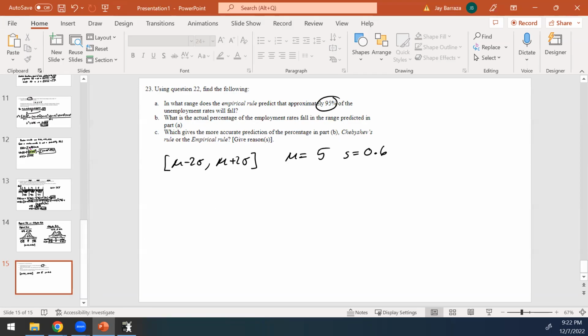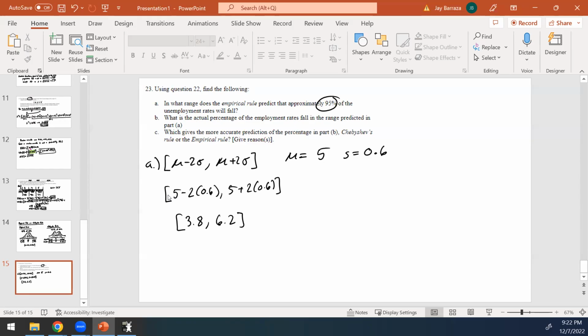So the range is going to be 5 minus 2 times 0.6, comma, 5 plus 2 times 0.6, and so it's going to be 3.8, comma, 6.2. Okay, and so that's A.